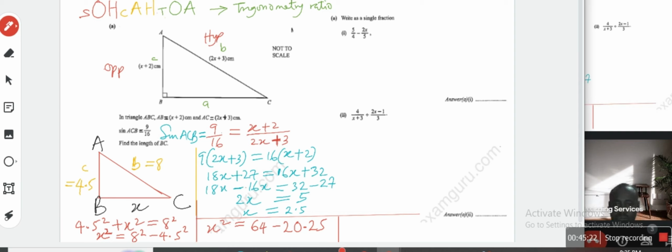43.75. So x squared is 43.75. So what's x? Square root of that, right?